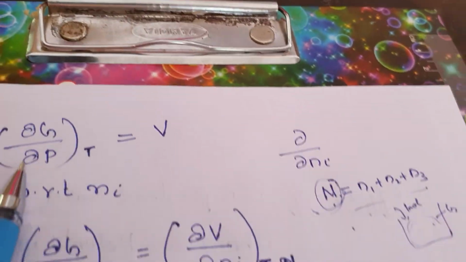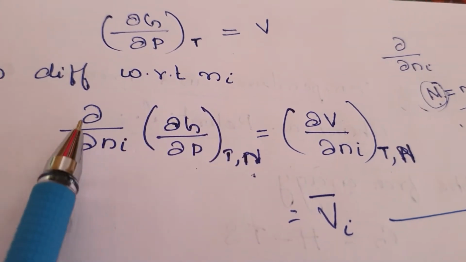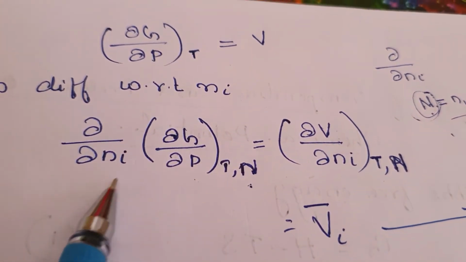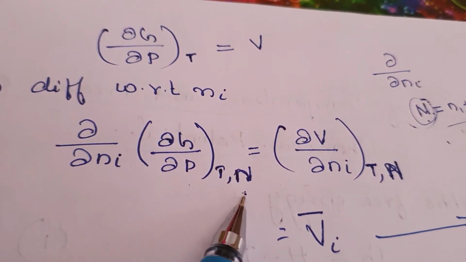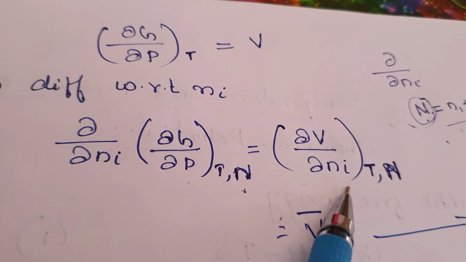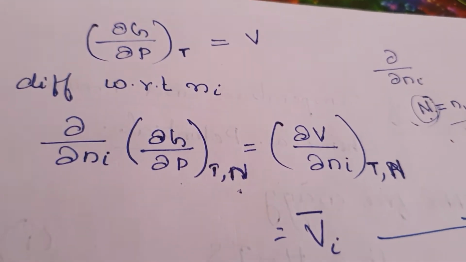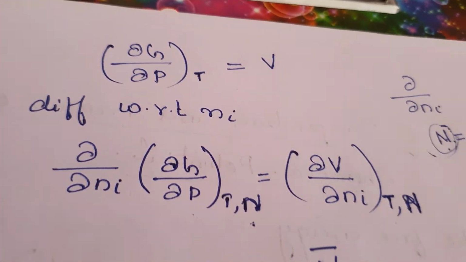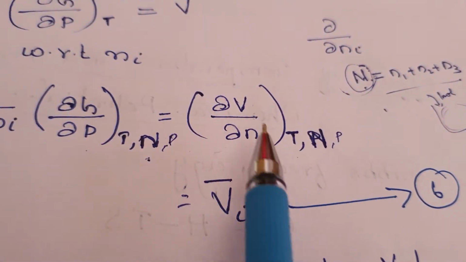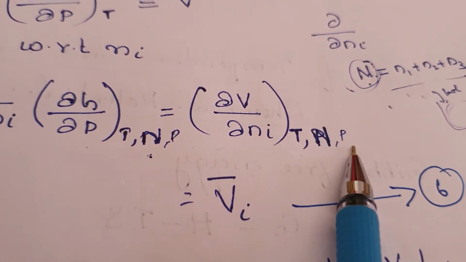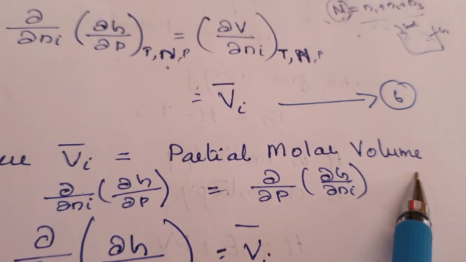Now this expression we will take and differentiate with respect to Ni. So what happened? Dou by dou Ni of dou G by dou P at constant temperature and N is equal to dou V by dou Ni at T and N. Pressure we already took as constant, that is why we got this expression. And dou V by dou Ni at constant temperature, pressure and N is equal to Vi bar, which is the partial molar volume.